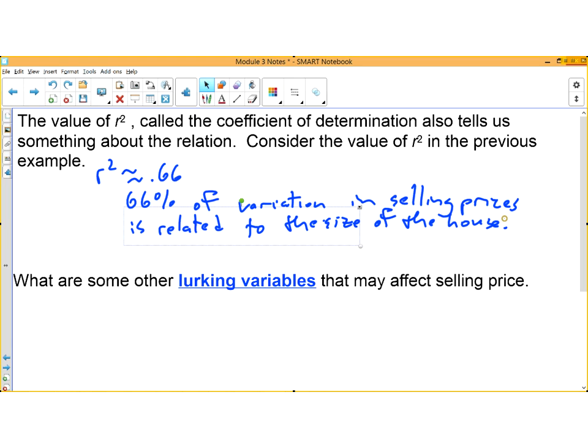Okay, so the fact that the houses are different sizes accounts for the fact that they sell for different amounts. It accounts for 66% of that variation.